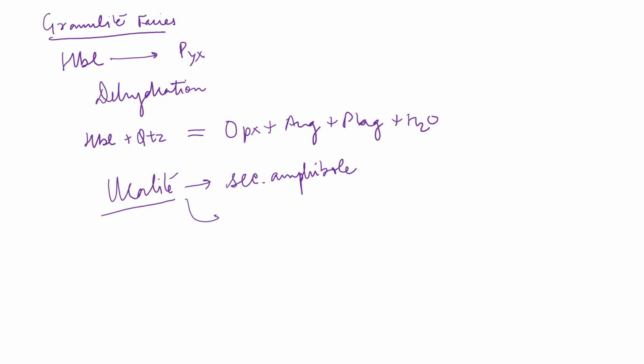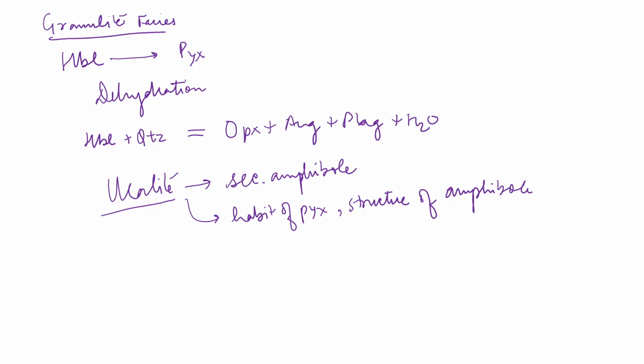It's a very important thing. It is the habit of pyroxene while the structure of amphiboles. And what is this process called?